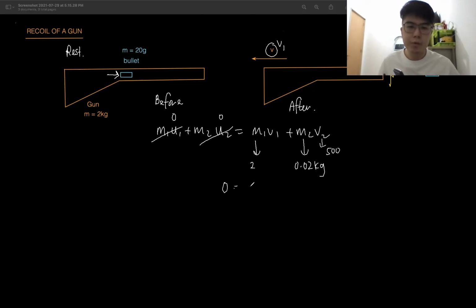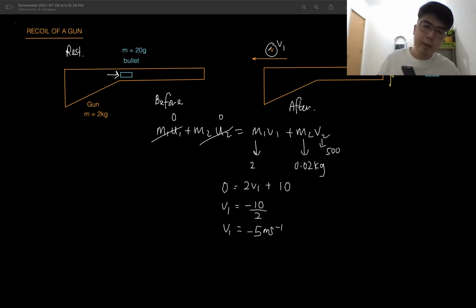So 0 equals 2v1 plus 0.02 times 500. Okay, 0.02 times 500 is 10. And then v1 equals negative 10 divided by 2. That's negative 5 m/s. So v1 is negative 5, meaning that the recoil velocity is moving to the left at 5 meters per second.